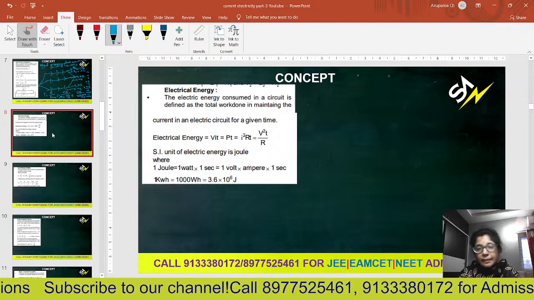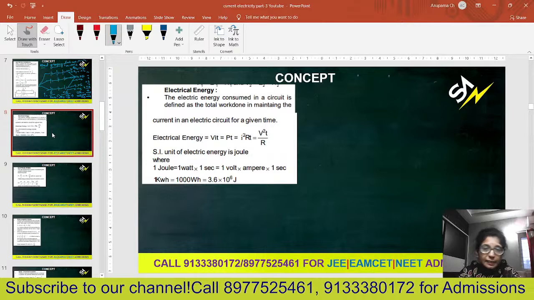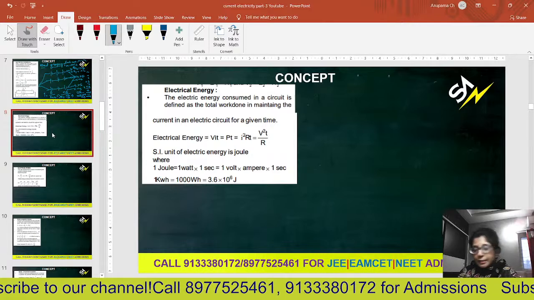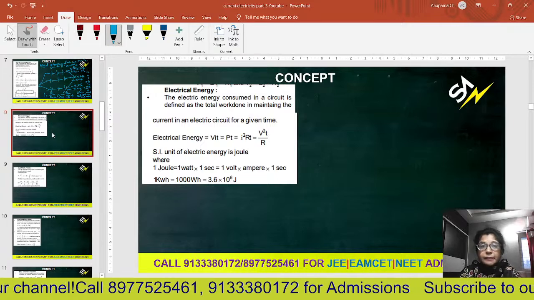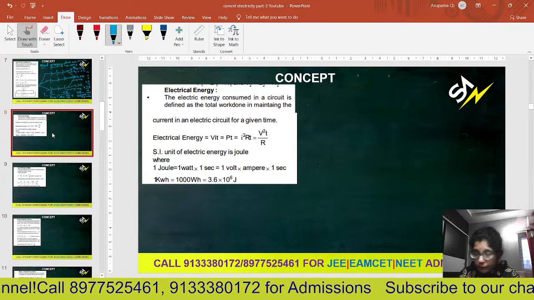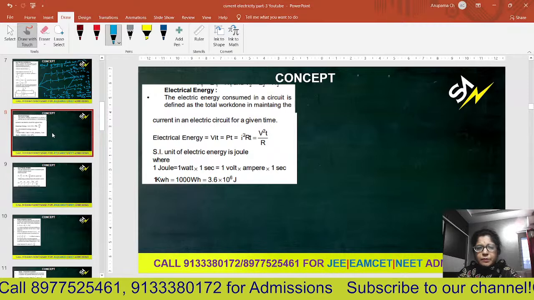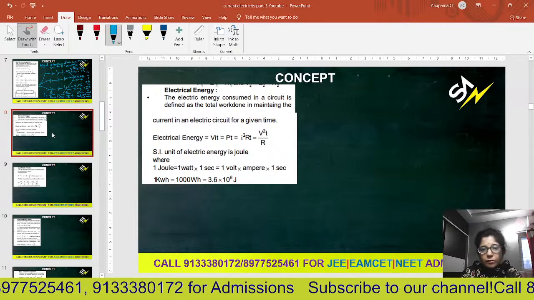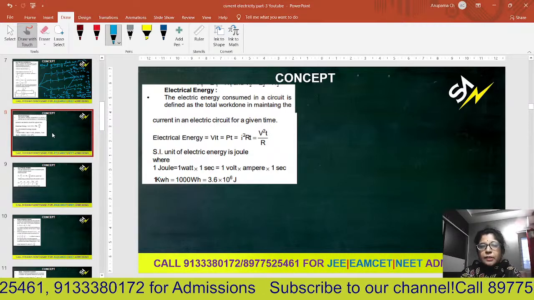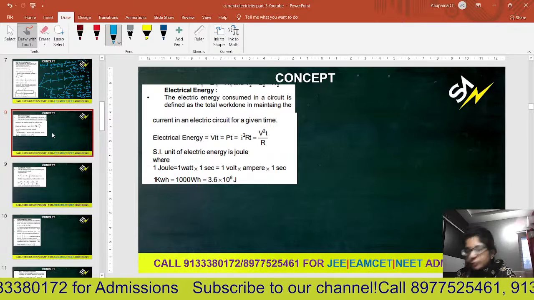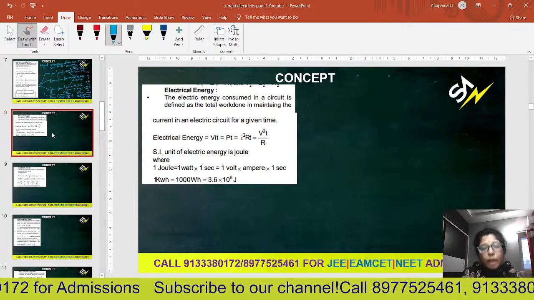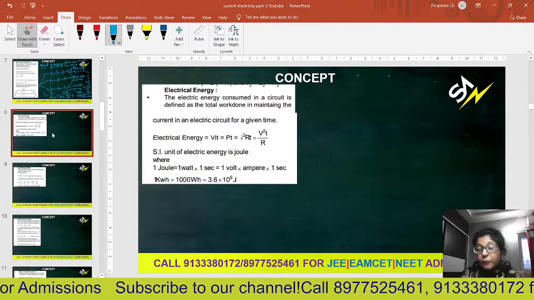Okay, electrical energy comes from the electric current, passing of electric current from one place to another place. Energy is nothing but transfer of some matter from one place to another place. So here also the same thing. One place to another place moving is nothing but the work done.